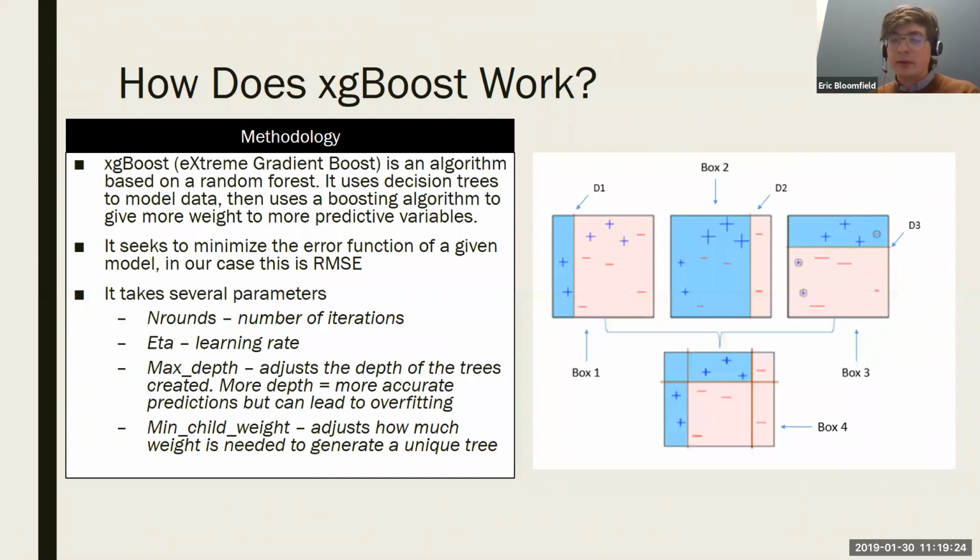So we see that box 4, which is the boosted model, actually correctly identifies all of the pluses and minuses within our box. Again, XGBoost is a really useful model because it uses so many smaller models to reach an ultimate conclusion that was more accurate in the end.